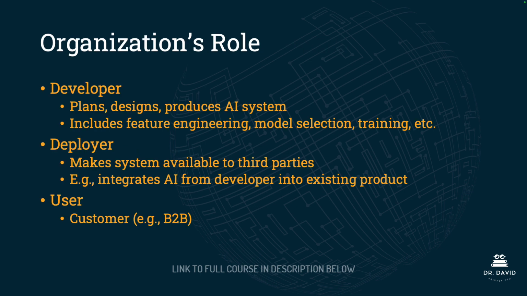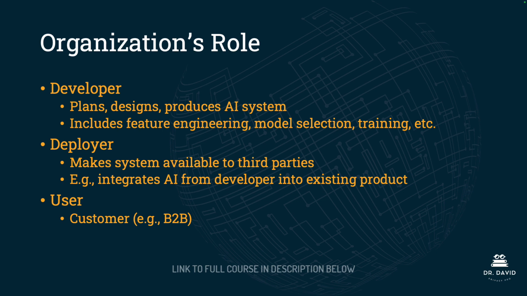With regards to your organization's role, this is a bit of a summary of what I mentioned in the previous slide. Remember that a developer is someone who's planning, designing, and producing the AI system. This includes the entire AI development lifecycle, including feature engineering, model selection, training, etc. A deployer is someone who is making the system available to third parties, for example, integrating the system into an existing product.